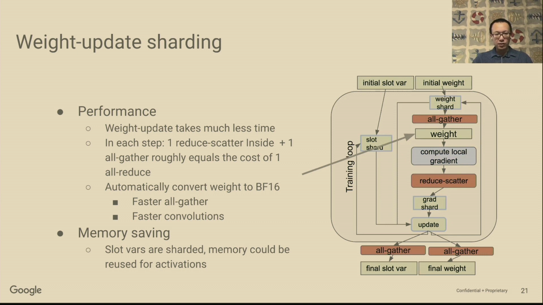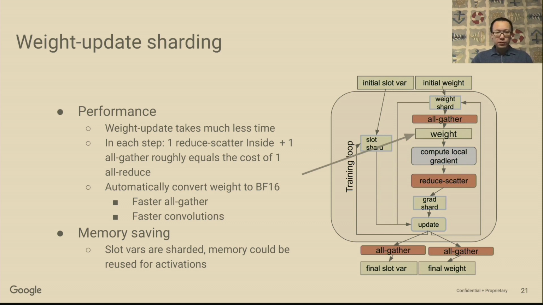So unlike the traditional float32 all gather, this will speed it up by 2x. And it will further speed up the convolution performance that uses these weights, especially for those convolutions that are bounded by the loading of weights.